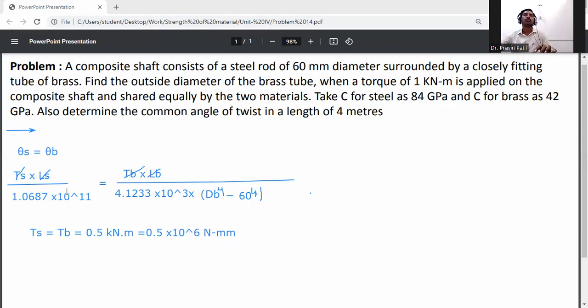So now take this side. In bracket, Tb raised to 4 minus 60 raised to 4 is equal to 1.0687 into 10 raised to the power 11 divided by 4.1233 into 10 raised to the power 3.